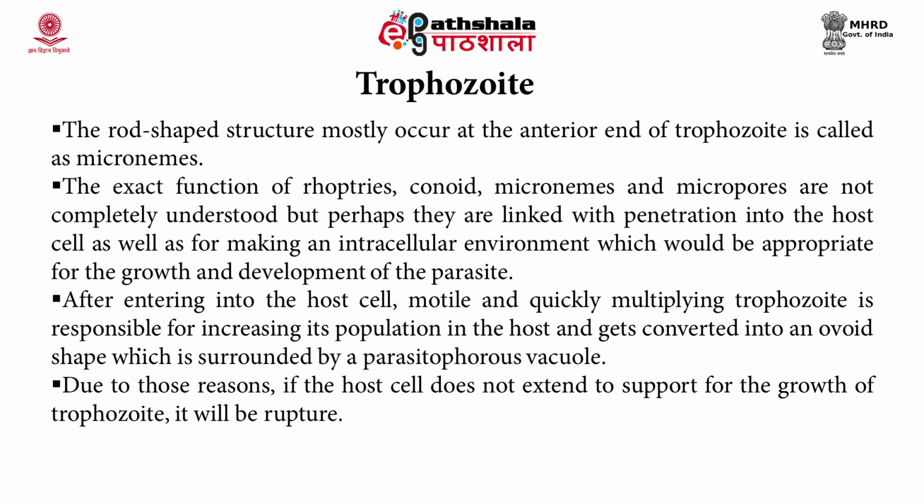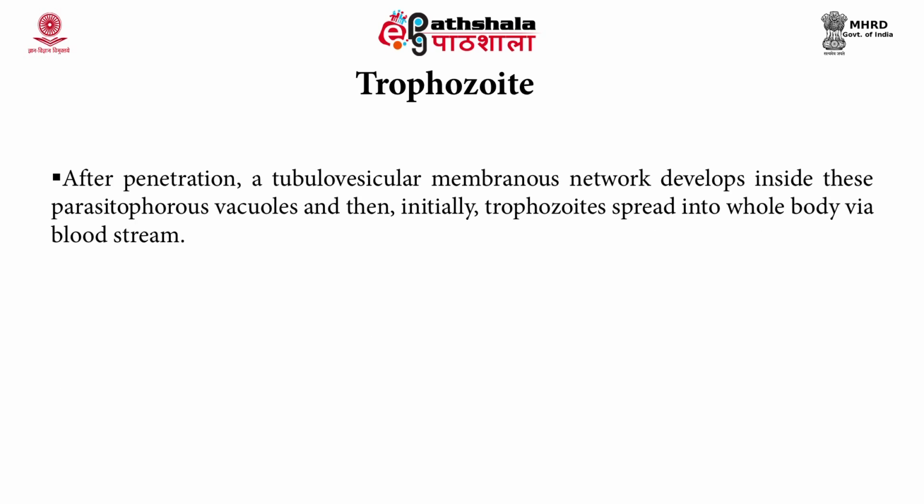This vacuole seems to be derived from both host and parasite cells. After penetration, the tubulovesicular membranous network develops inside these parasitophorous vacuoles, and then initially trophozoites spread into the whole body by the blood stream.